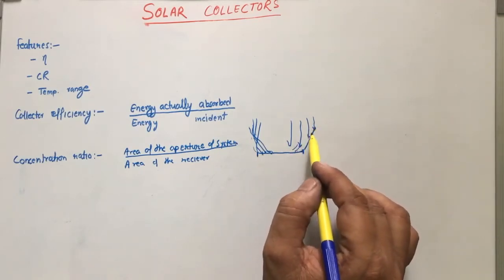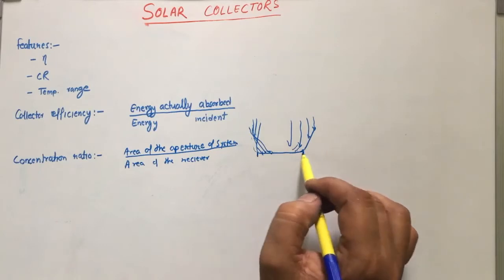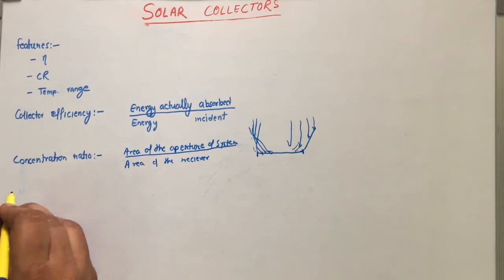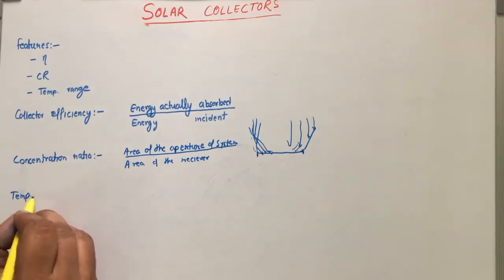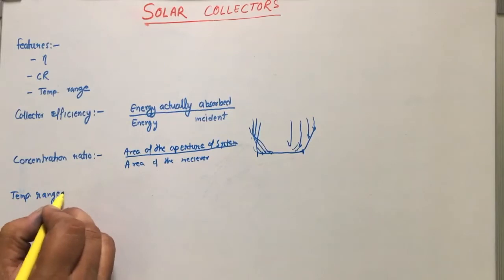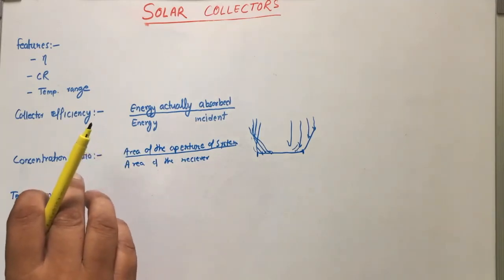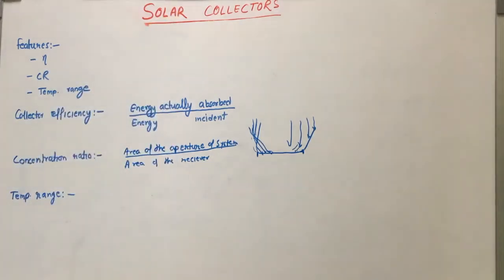In this way, aperture area to the receiver area is the concentration ratio. After that, we will discuss the temperature range. The temperature range is the range of temperature up to which the collector transfers heat to the fluid, meaning the temperature of the fluid up to which it can be raised.